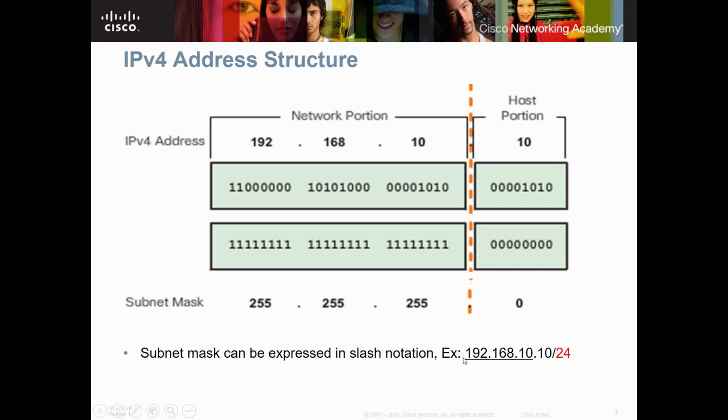So this is the network part, and the remaining 8 bits are the host part. So you could either use the slash notation for the subnet mask simplified, or you could use the decimal notation which we calculated earlier.